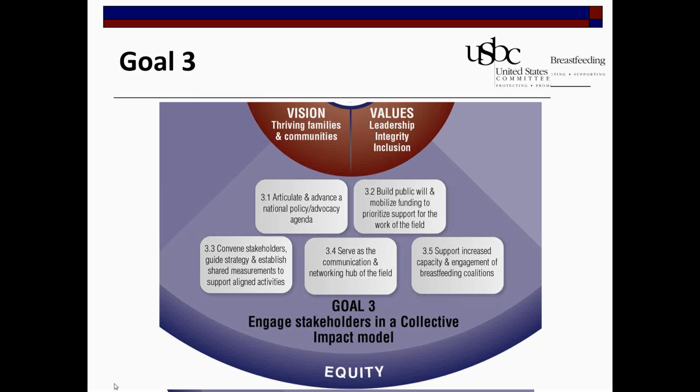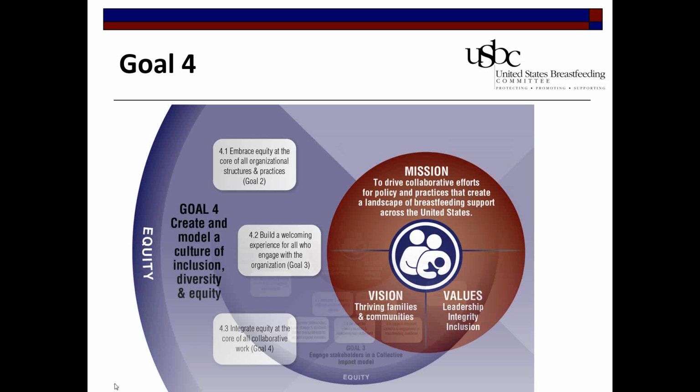All right, so those are our 4 goals in our strategic framework. If you look at the total strategic framework, you can see that, again, the visual is that there's 4 quadrants with 4 goals. Each goal has the subsets, but again, the family and the family of breastfeeding individuals is in the center, surrounded by our mission, vision, and value, surrounded by the ring of equity.